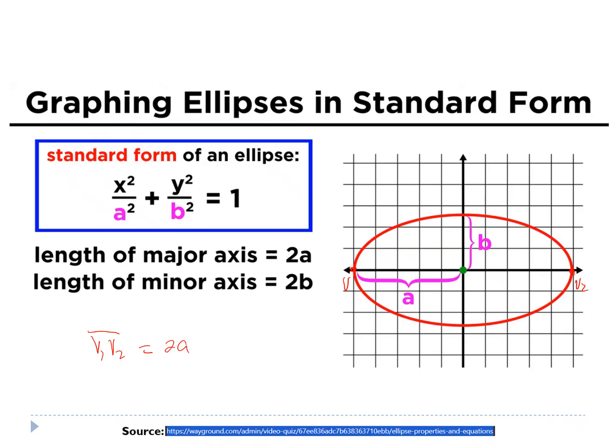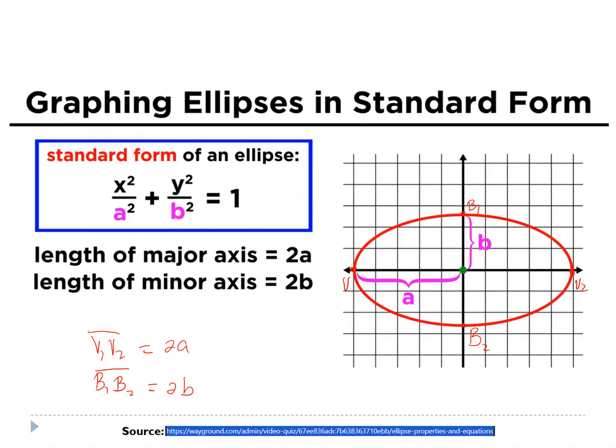And we have here the co-vertices, which we can call B1 and B2. The distance from B1 to B2, these two co-vertices, is equal to 2b.